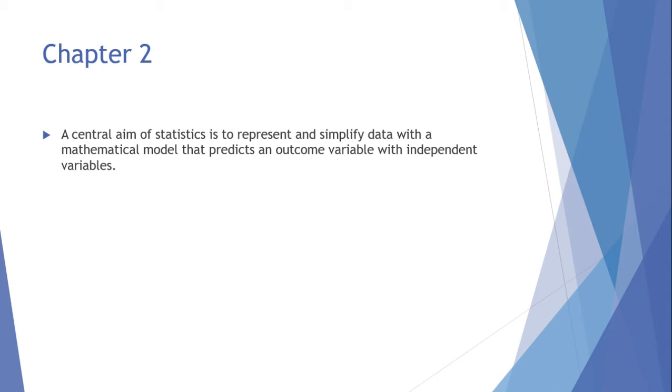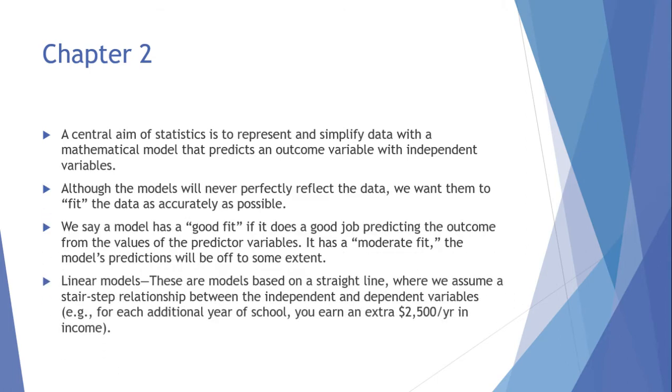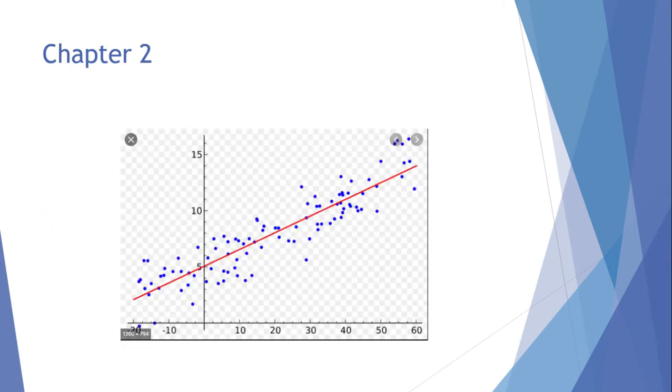with independent variables. So just to remind folks, when we say simplifying data, I think it'll help us if I skip forward a little bit to a visual of something that we're talking about here. Here I have a graph that shows both an x-axis and a y-axis, and you could put in whatever variables you want.